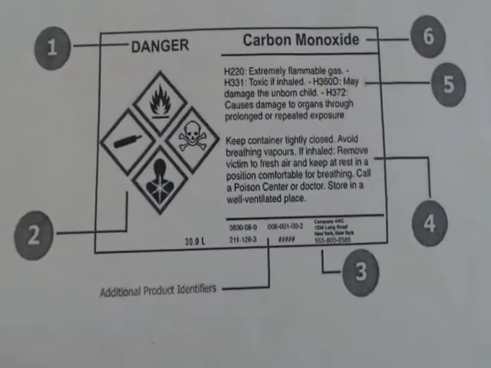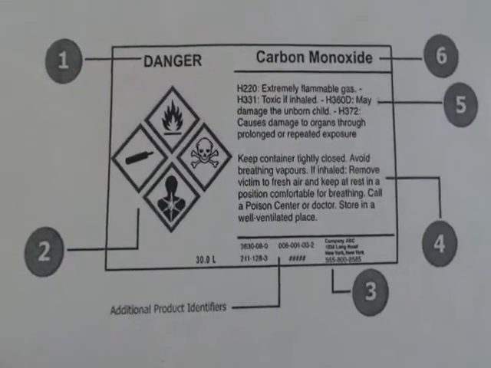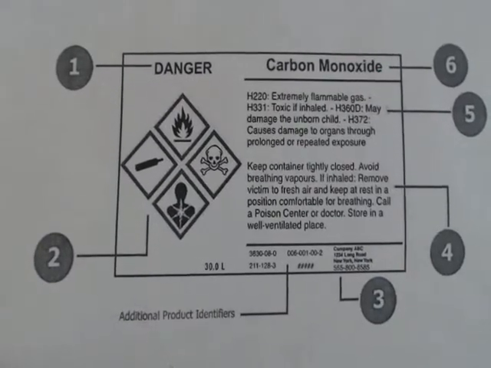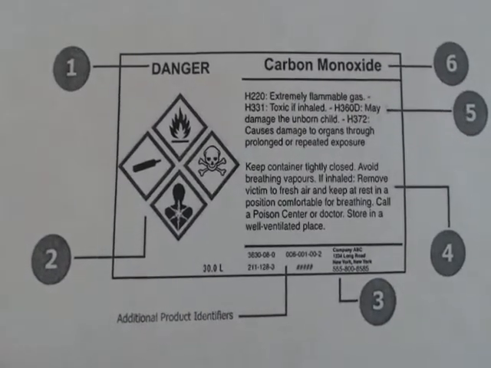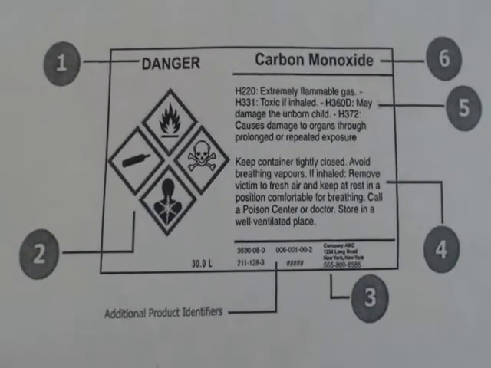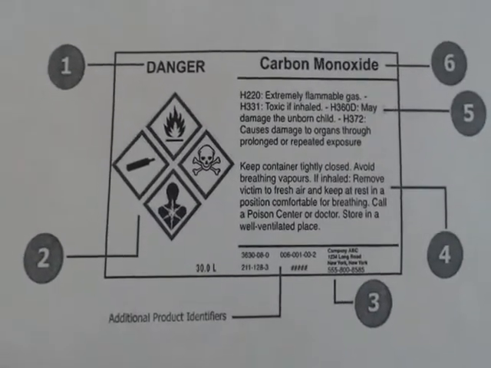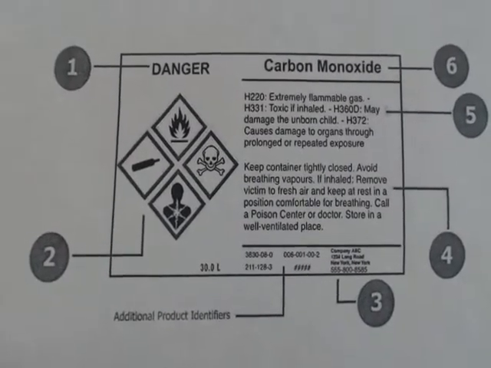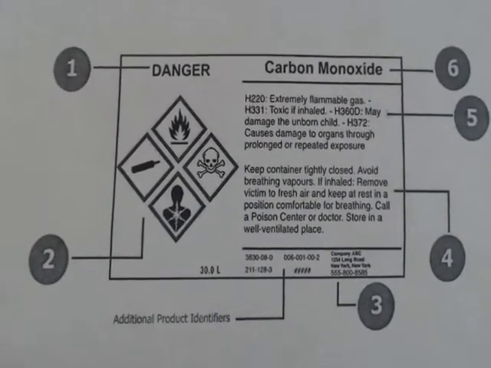Number 4 there is a precautionary statement when you're using any type of a chemical, gas, or a solid. And that can be a phrase that describes recommended measures that should be taken to minimize or prevent adverse effects resulting from exposure to the product.